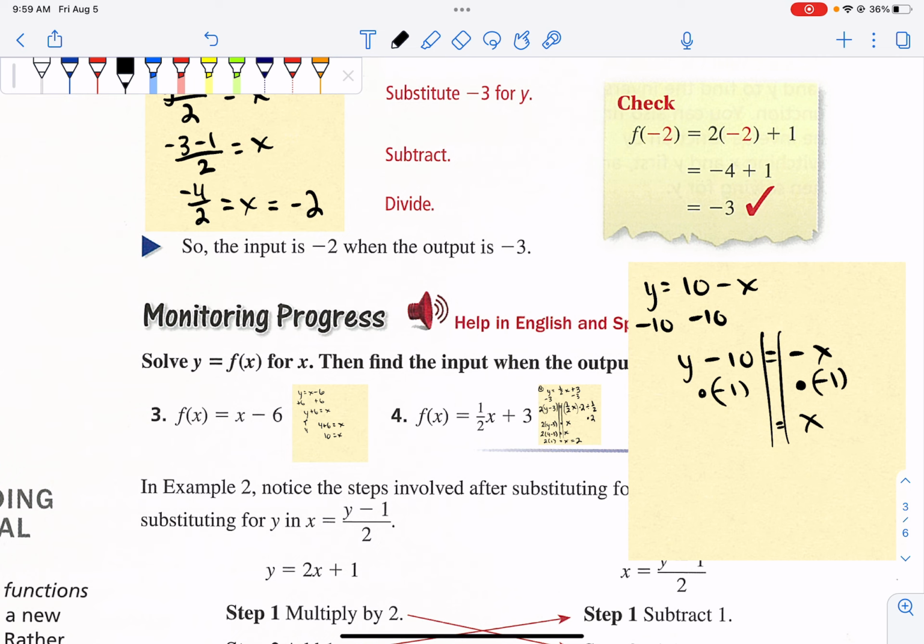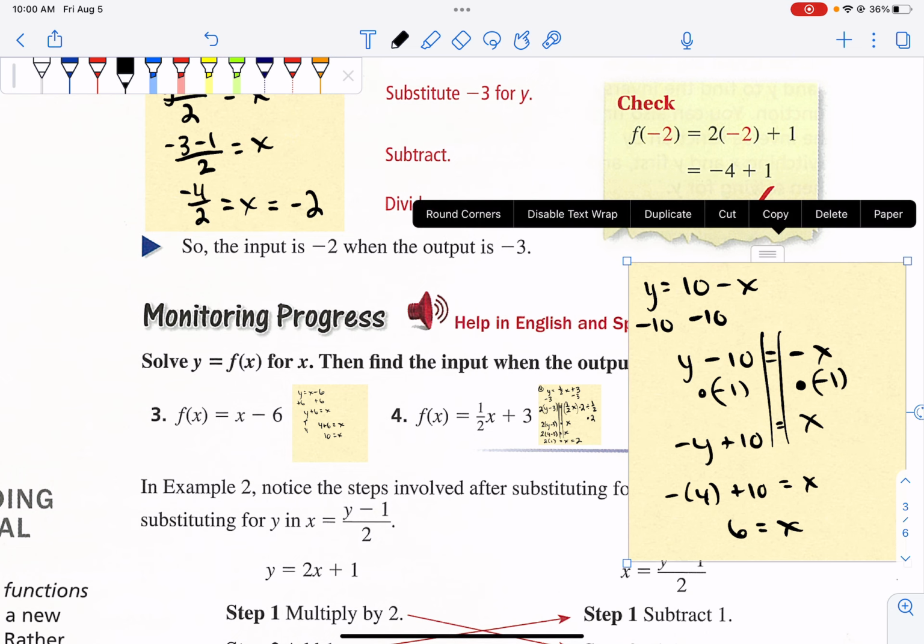So this becomes a negative y, and this becomes a positive 10. So negative y plus 10 equals x. And it wants me to put a 4 into the y value. So negative 4 plus 10 equals x. Negative 4 plus 10 is 6, so 6 equals x. All right.